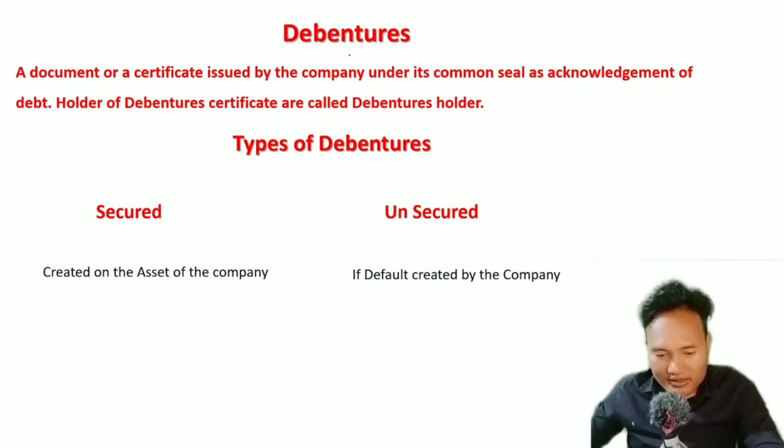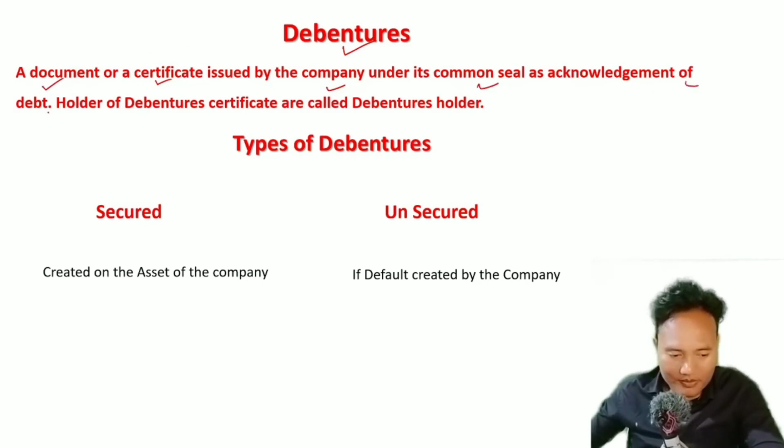Now let us discuss debentures. What are debentures? Let's see the definition. A document or a certificate issued by the company under the common seal as an acknowledgement of debt. The holder of a debenture certificate is called a debenture holder. It means the person who holds a debenture certificate is called a debenture holder.